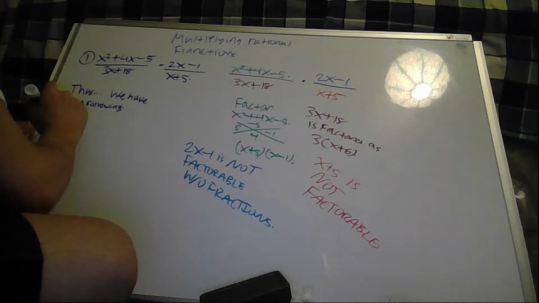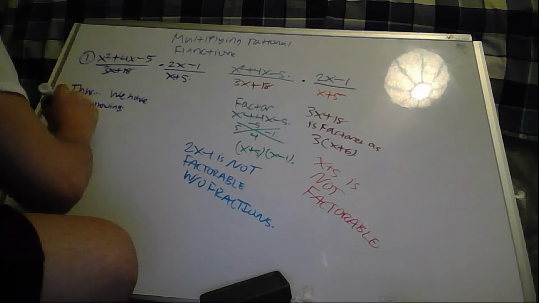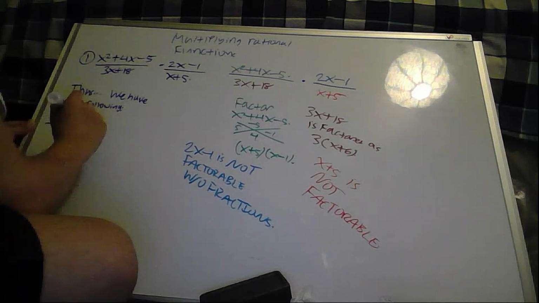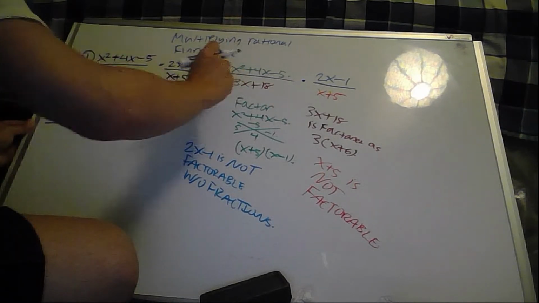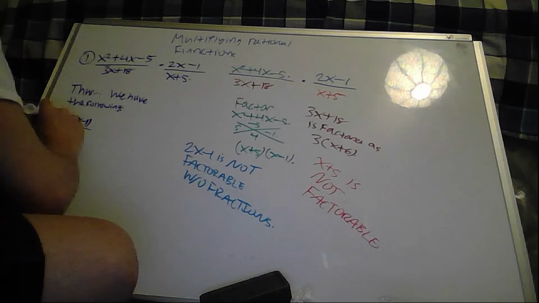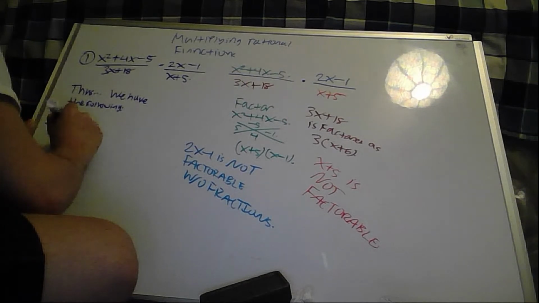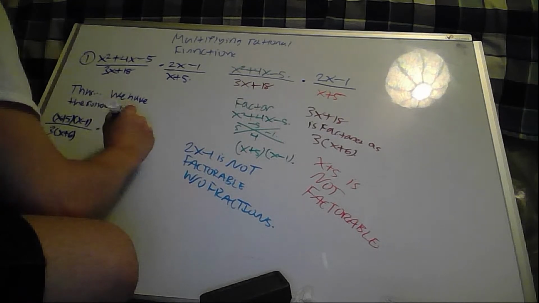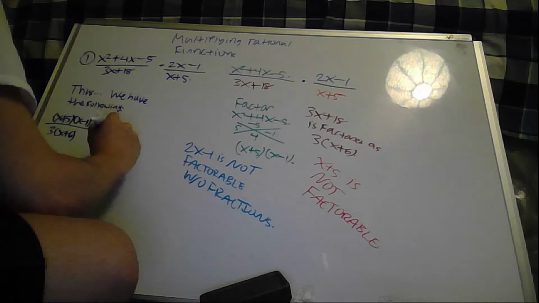It's going to be x plus 5 times x minus 1 over, this is the x squared plus 4x minus 5 over 3 times x plus 6 times 2x minus 1 over x plus 5.